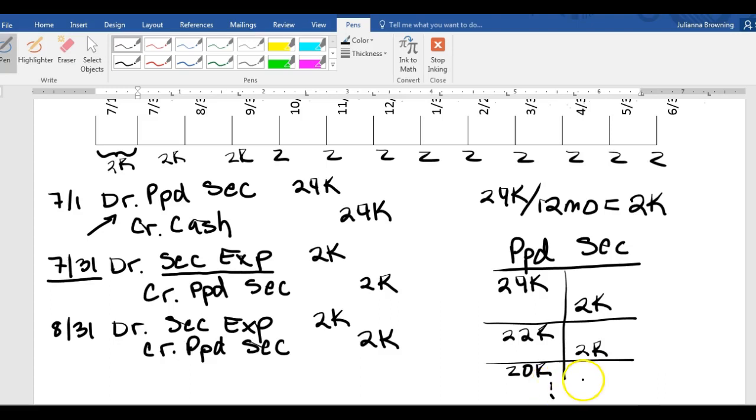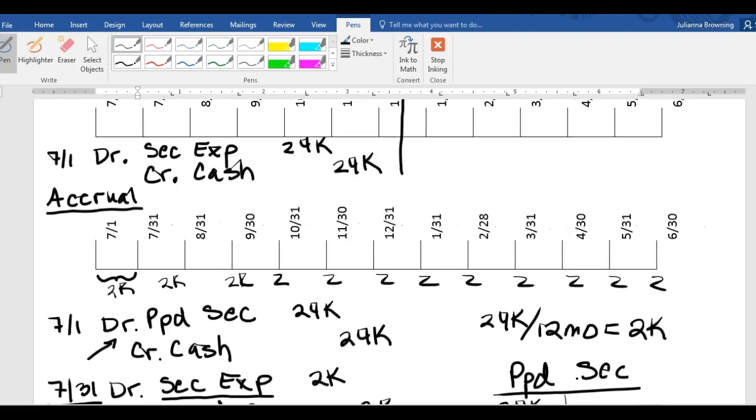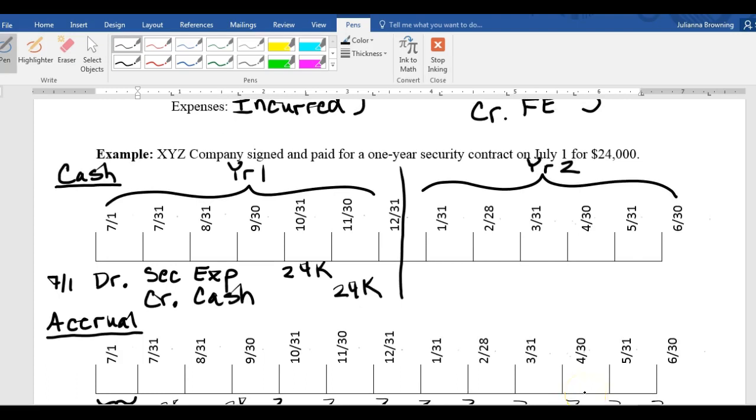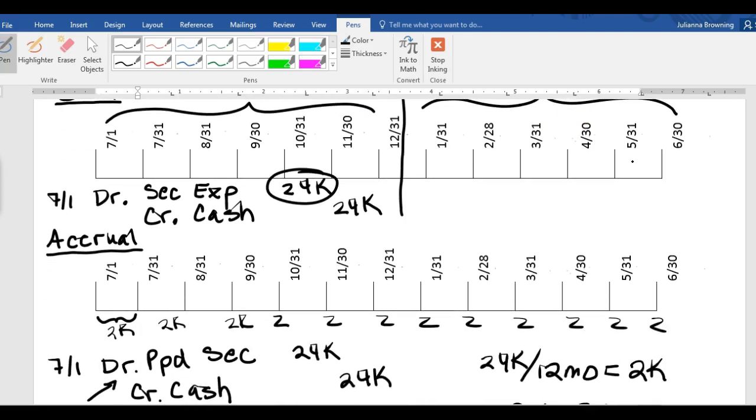So essentially, we have an interesting thing going on. If we look back at our cash basis of accounting, remember this entire $24,000 was recognized in year 1, and absolutely nothing was recognized in year 2. Then under the accrual basis, I'm going to have to smash it in here a little bit.